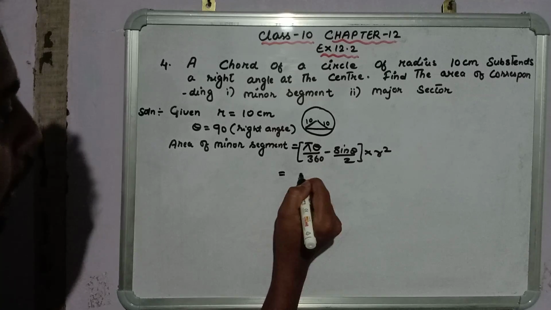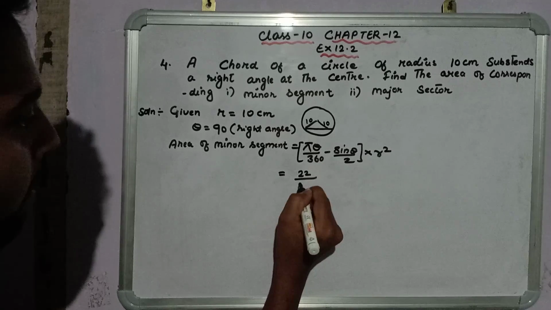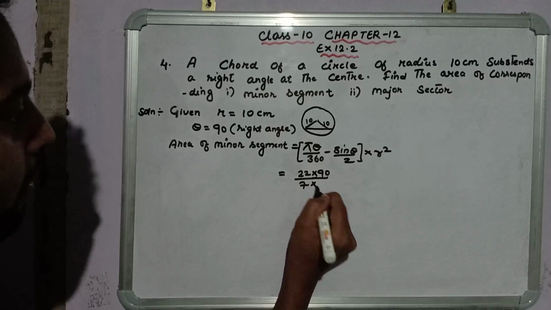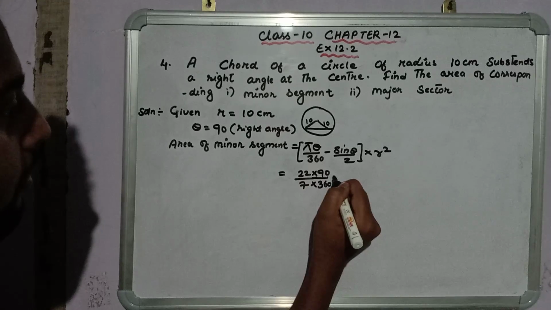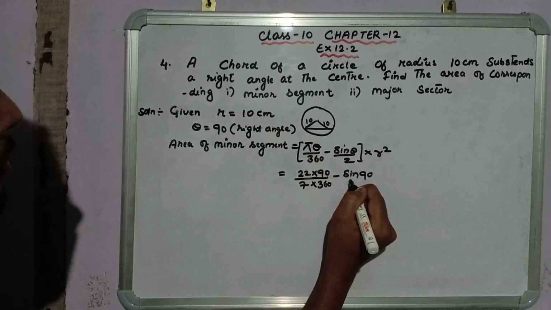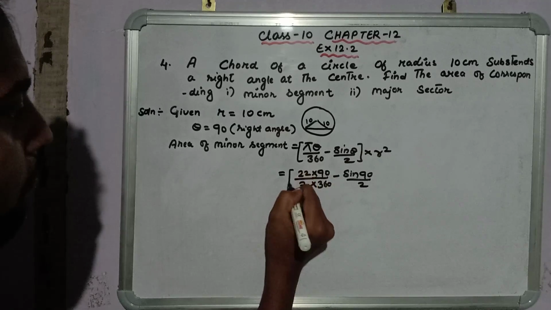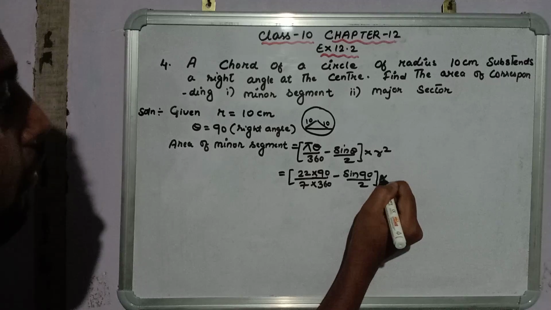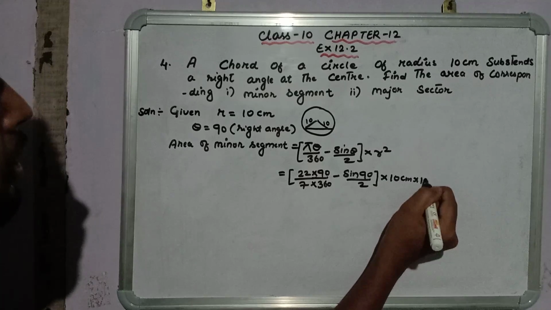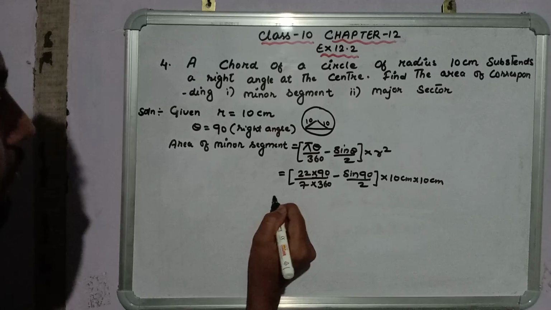So we know the value of pi. Pi value is 22 by 7, into theta is 90 degree by 360, minus sin theta, 90, by 2, bracket close, into r square. R square means 10 centimeter into 10 centimeter.